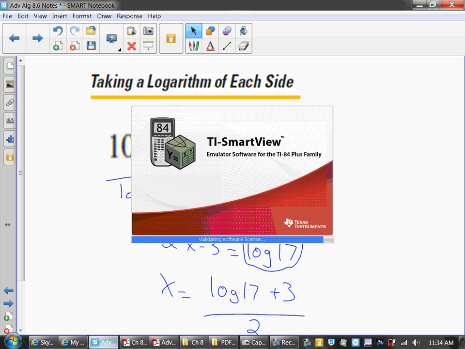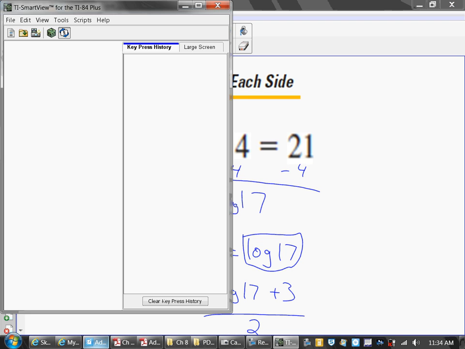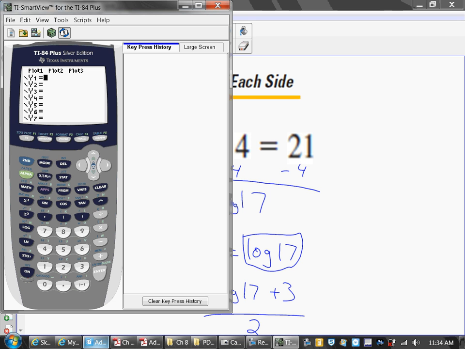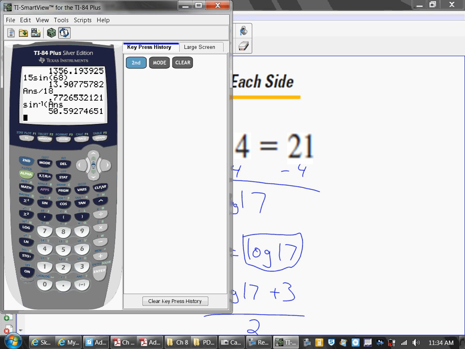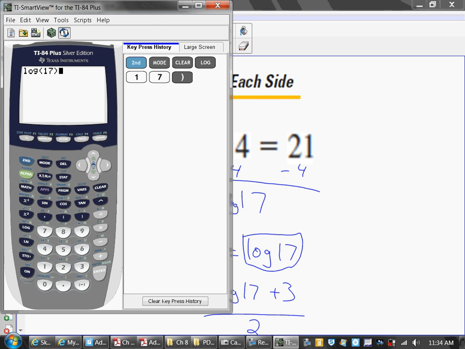When you hit the log button, since you don't have to worry about changing the base here because it is base 10, does a parenthesis open up right away? Yeah. Make sure you close it before you go any further, okay? That's usually where you guys will screw up. So it was log of 17, plus 3, then hit enter, divided by 2. 2.12. Okay?